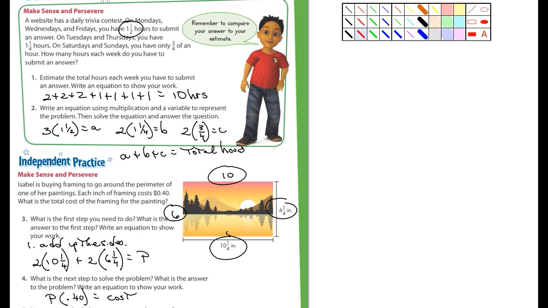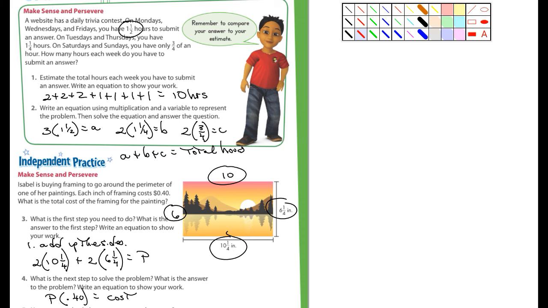First it says to estimate, so the Monday, Wednesday, Friday 1.5, I just called those 2. Tuesday, Thursday, an hour and 1/4, I just called an hour, and there's 2 of those. Saturday, Sunday, 3/4 of an hour is pretty close to 1, so I called those 1 also. Then here's the equation to show your work, just adding all these up, and it's about 10 hours.